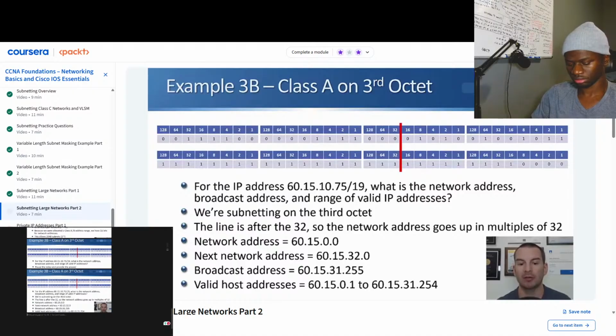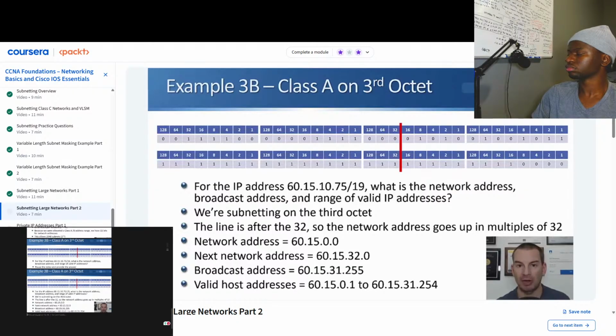The next network address would be 60.15.32.0. So the broadcast address is going to be 1 less than that on the 3rd octet and 255 on the 4th octet. So the broadcast address is 60.15.31.255.